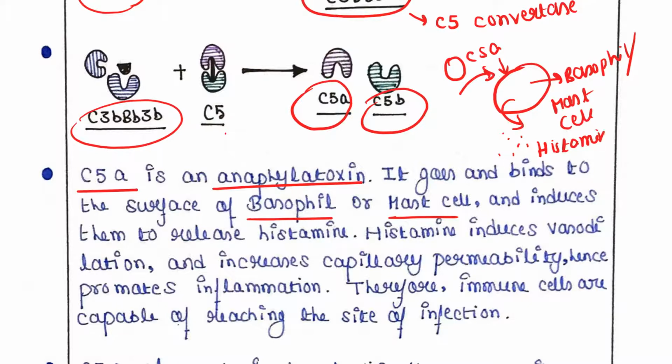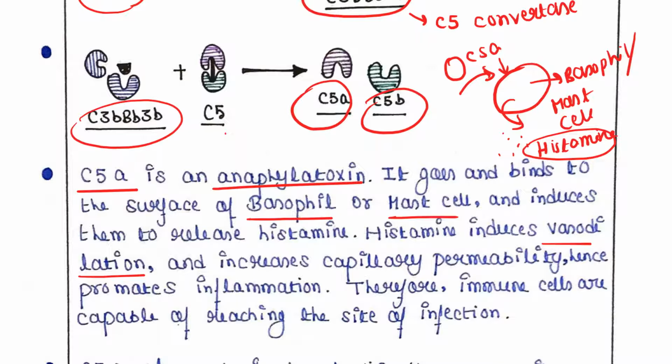Histamine will be released from this cell, and it will induce vasodilation. What is vasodilation? Vasodilation is nothing but the increase in the diameter of blood vessels.